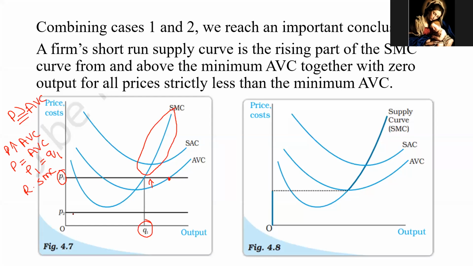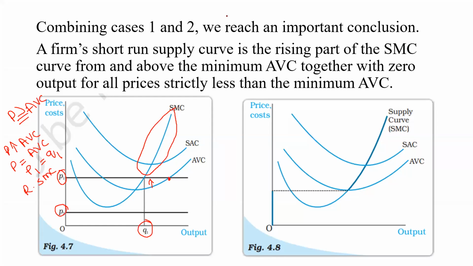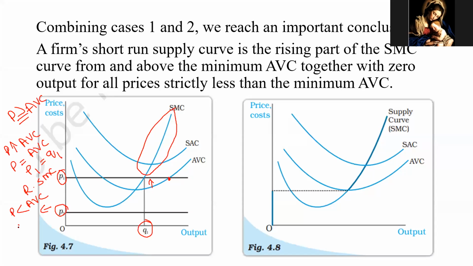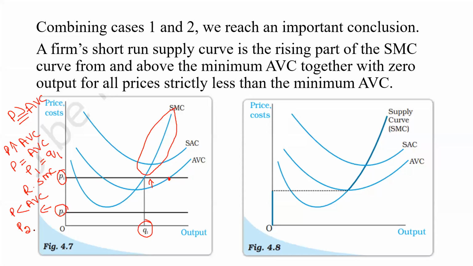Next, what happens when it comes to P2? Again it is a price line. It explains that when the price is lesser than the average variable cost, the price will be P2 and we will produce zero amount of output.